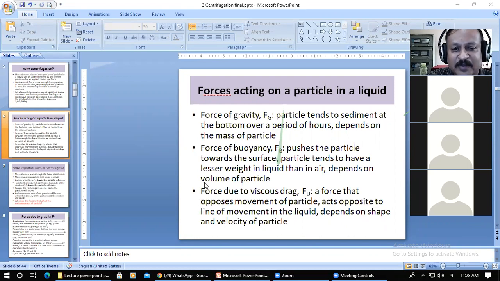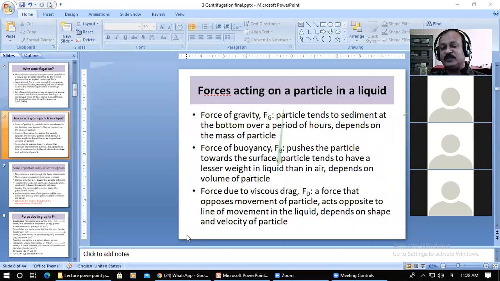Okay. So these are the three types of forces which any particle will experience in a liquid. The force of gravity: because of this force, the particle will tend to go down to the bottom of the container. Then there is the force of buoyancy, because of which the liquid will push the particle towards the surface.